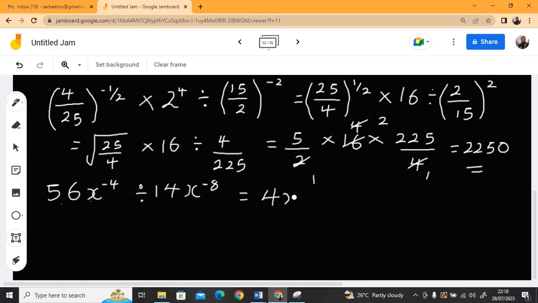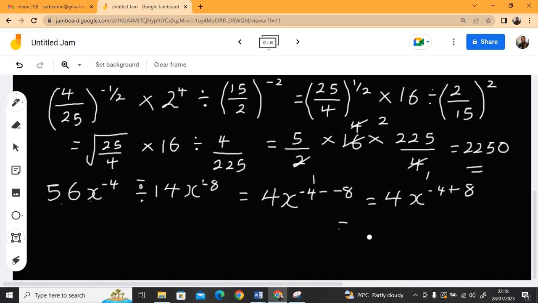You take one of the x and apply the law: minus 4, division is minus, then you have minus 8. This minus is for the division, and this one also has minus 8 on its own. So what you now have is 4x to the power of minus 4 minus minus 8. Minus times minus is plus 8, right?